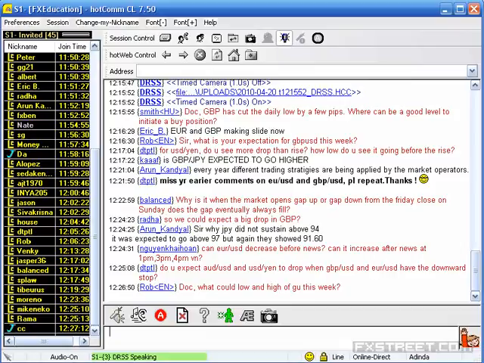Okay, Arun, why did the Japanese yen not sustain above 94? No, it was sustaining above 94 for about 3 days, and afterwards the traders found that the resistance had become a support. Technically, resistance has become a support, and all the people started giving the forecast that USD yen could gain further up.